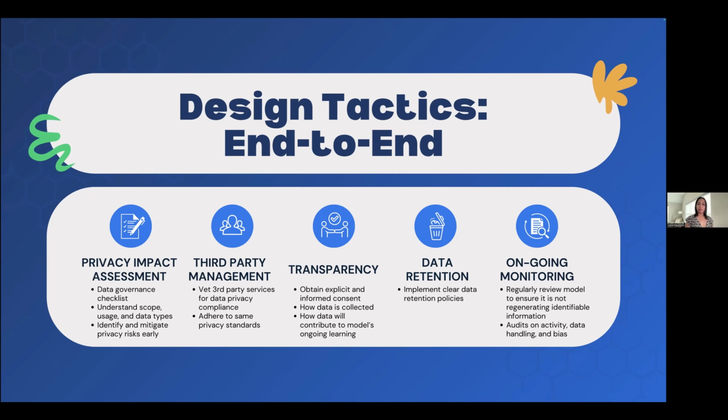And then implement clear policies: how long is the data going to be there? Is it a certain period of time and then you delete it? So it just has some of that cleanup aspect, and just continuous monitoring. Make sure you're continuing to audit it and check for data leaks, memorization of sensitive details, or bias.